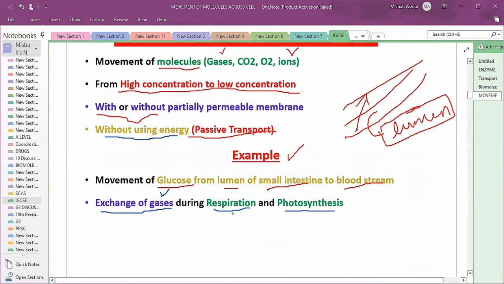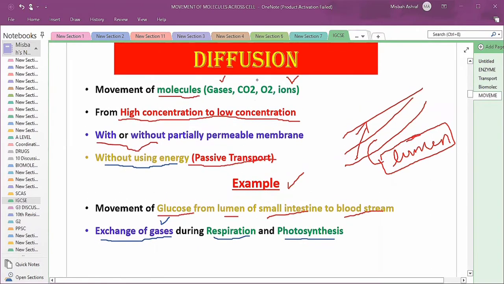You can specify it in this way while writing the example, or you can write the general example, that is the exchange of gases during respiration. Second is exchange of gases during photosynthesis. We know that plants carry out photosynthesis in the presence of carbon dioxide. So taking in of carbon dioxide into the plants and giving out oxygen during photosynthesis is also by the process of diffusion.